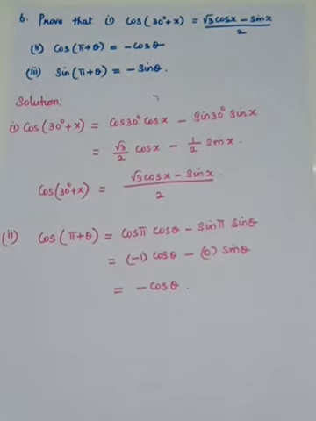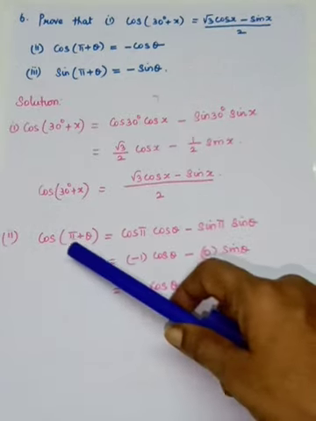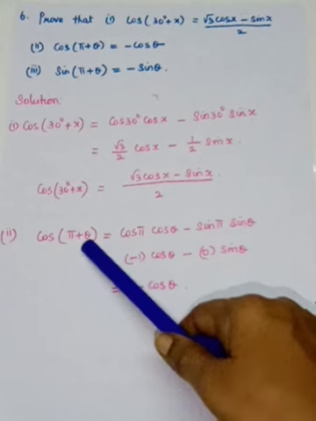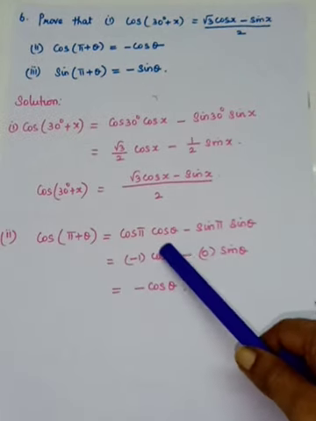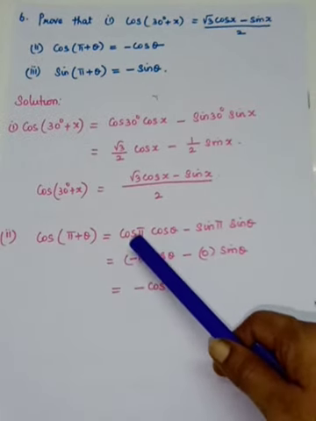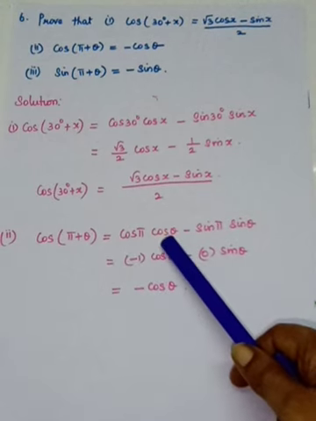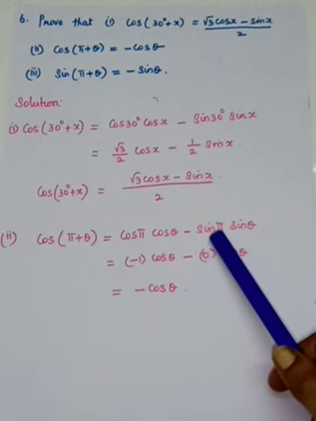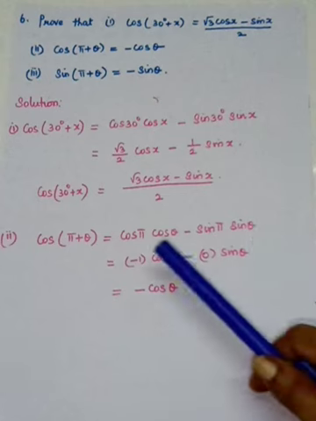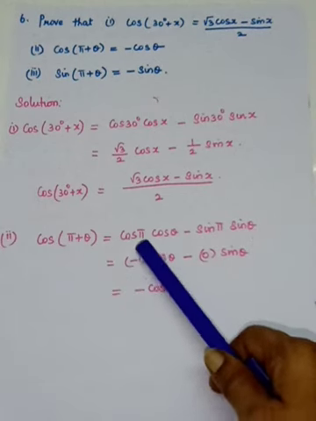But here I have used the trigonometry identity. It is in the form of cos alpha plus beta. What is your alpha now? It is pi. What is your beta? It is theta. So I am going to use the trigonometry identity here. So cos alpha cos beta minus sin alpha sin beta. So in the place of alpha, pi is written.